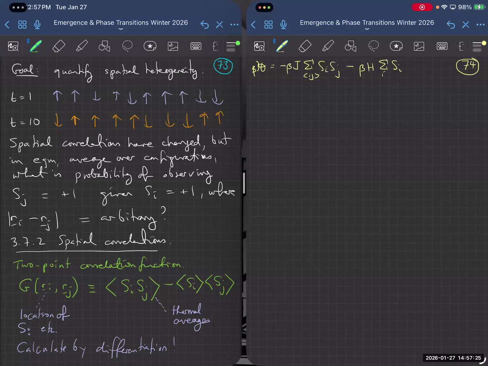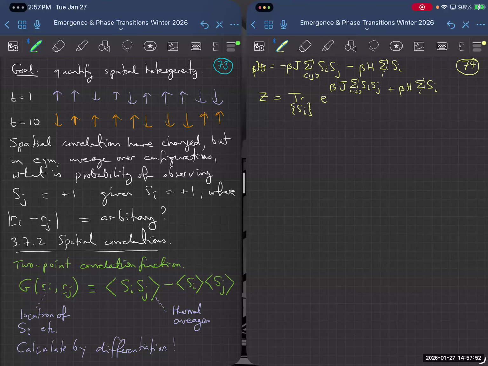So I can write down the partition function. So that is then the trace, which I don't need to write out in full. We know it by now, is the trace of e to the beta J, sum over nearest neighbors, S_i S_j, plus beta h, sum over i, S_i.